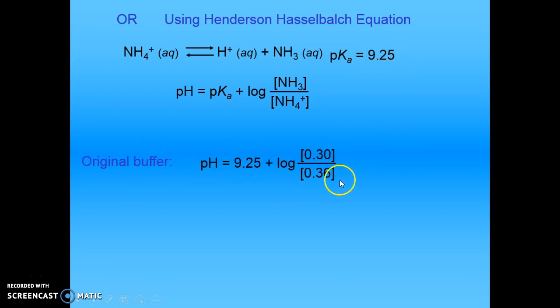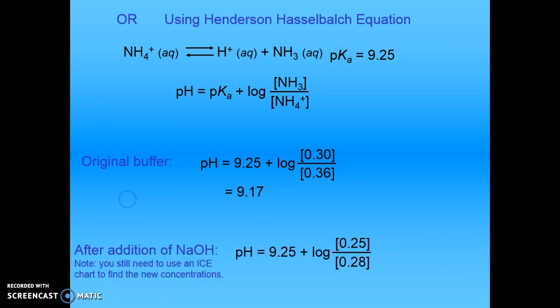In the original buffer, the pH would have been 9.25 plus the log of those two original concentrations. So 9.17. After the addition of the sodium hydroxide, our concentrations changed. And so we've got 9.20.